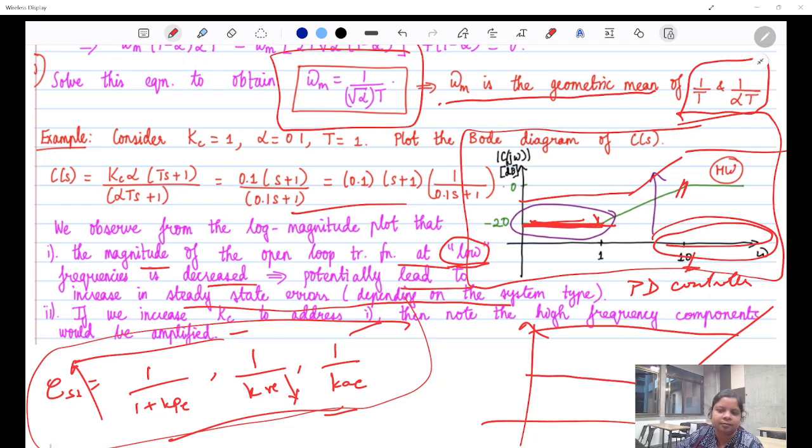They are noise. So this is again a problem. When you use a lead compensator, the steady state error increases. If you want to address it, then your high frequency components would be amplified, and both of them are not good for the system.